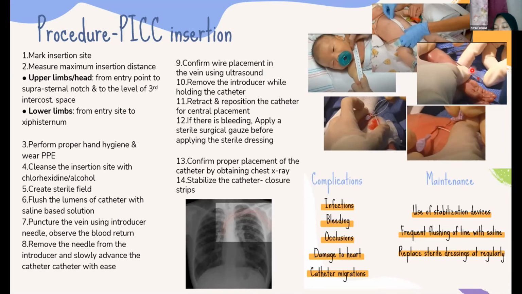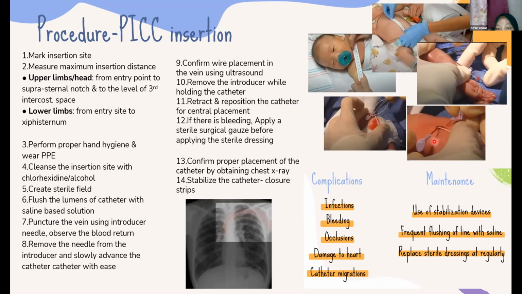So after we insert into the vein, we remove the needle out after we check for the blood return, and then you advance the catheter slowly into the veins. And then next is to confirm wire placement in the vein using ultrasound. And if you confirm, then you can remove the introducer in this diagram while holding the catheter with gentle pressure.